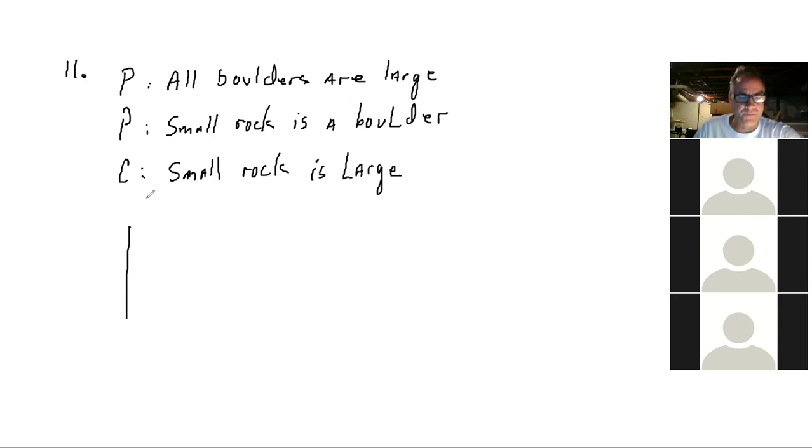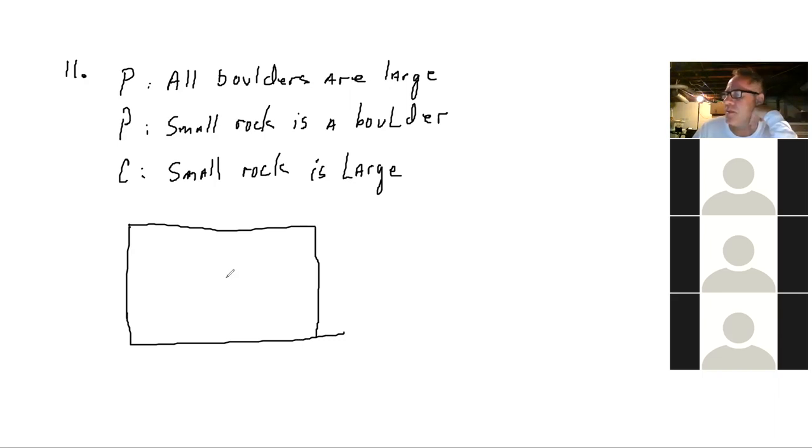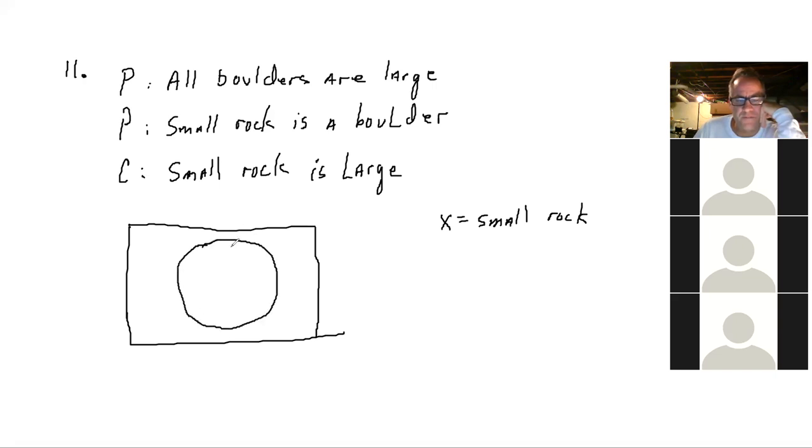All right, so if we construct a Venn diagram, let X represent small rock. So X will be small rock. Then we've got the set of large things. And boulders, which by our premise, all boulders are what?